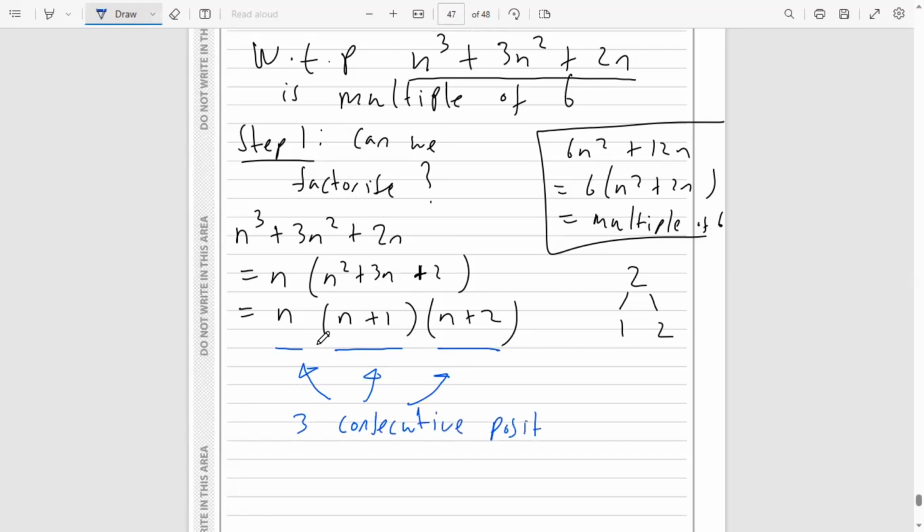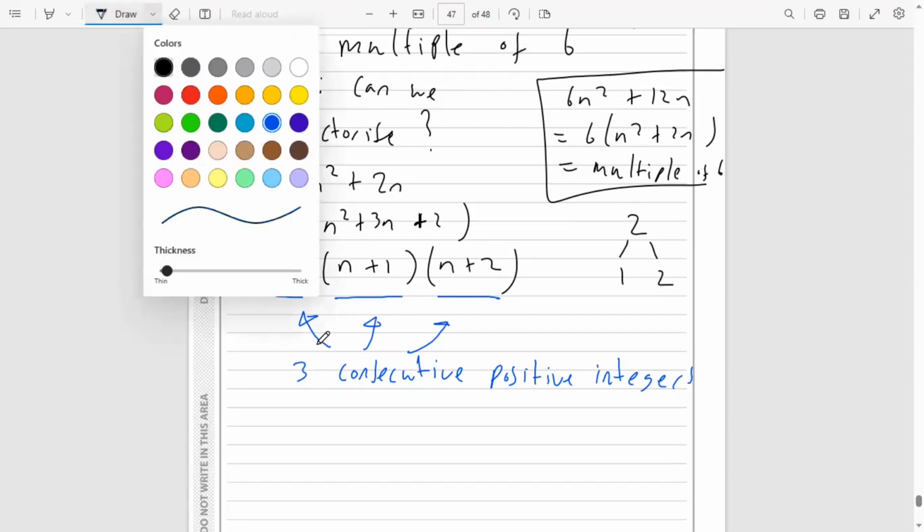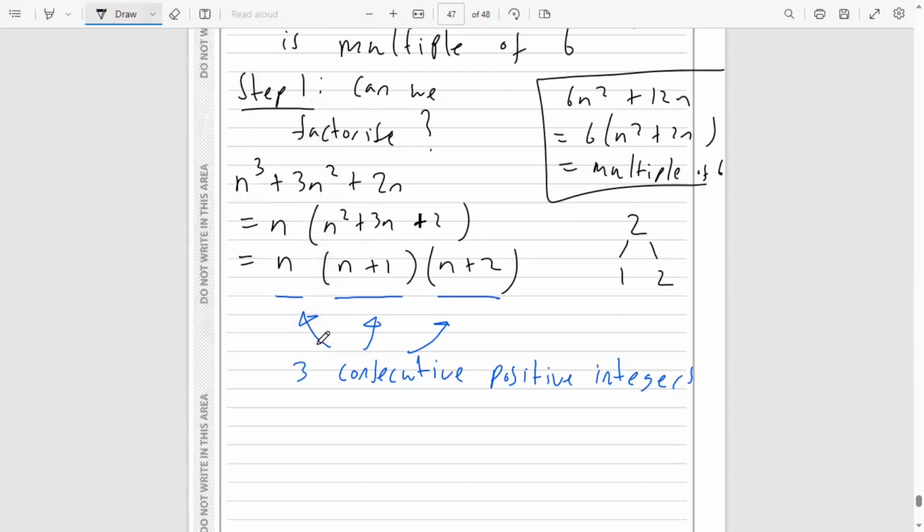This expression is the product of 3 consecutive integers. So essentially what we're trying to prove is that the product of 3 consecutive integers is a multiple of 6. Now, how can we do this? We've got 3 whole numbers in a row, so let's think about some facts then.